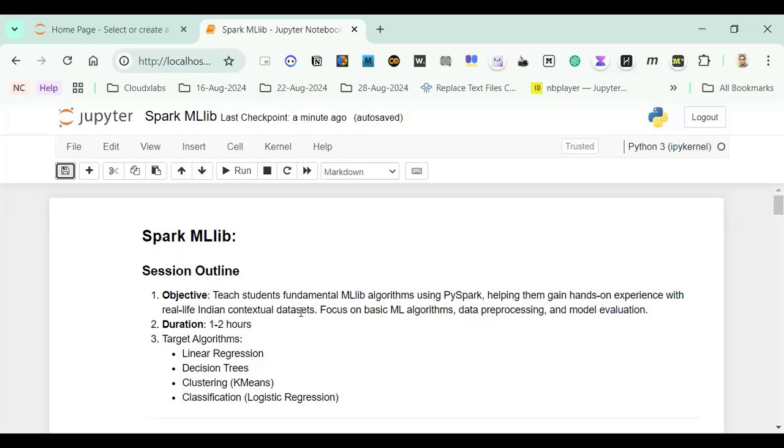One is real estate domain data, house price prediction. Second is whether the customer is loyal or not based on various features, like in the e-commerce sector or retail sector. So this is one concept for applying classification algorithms.